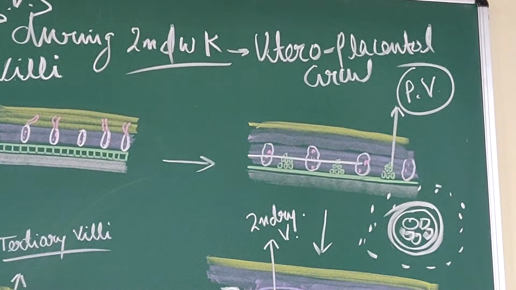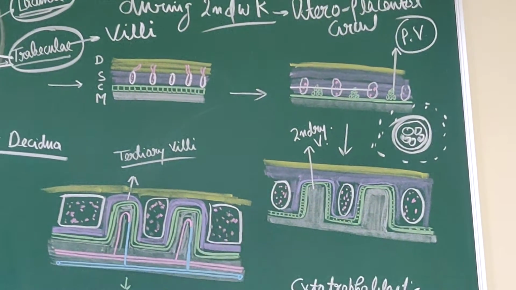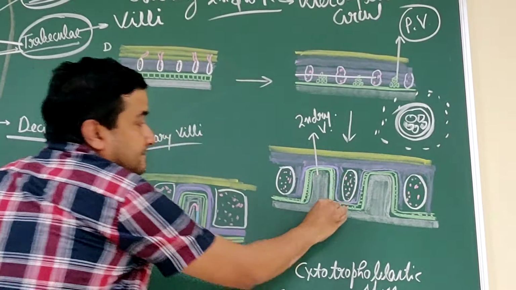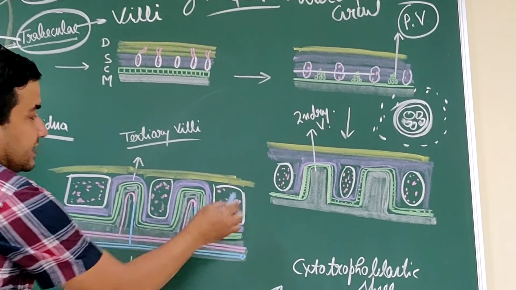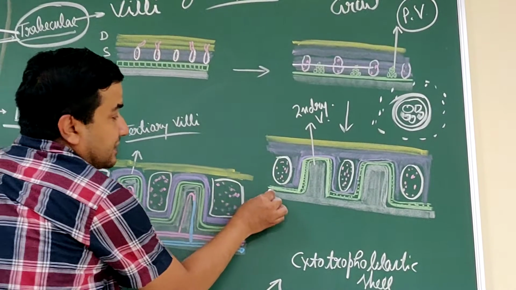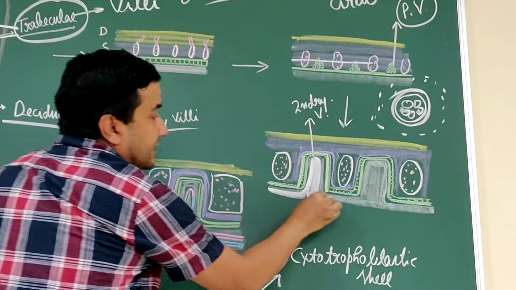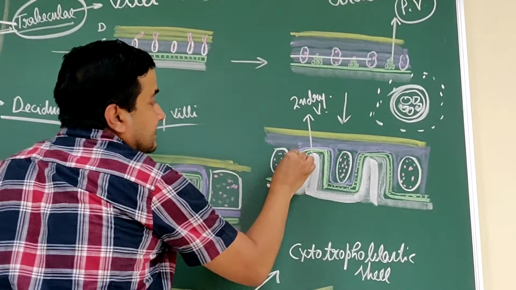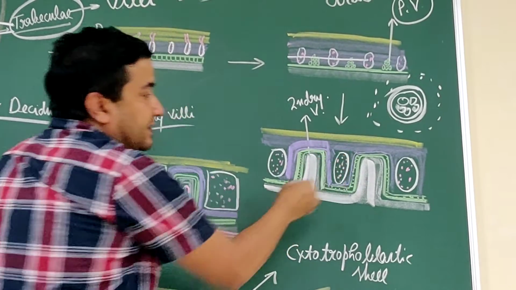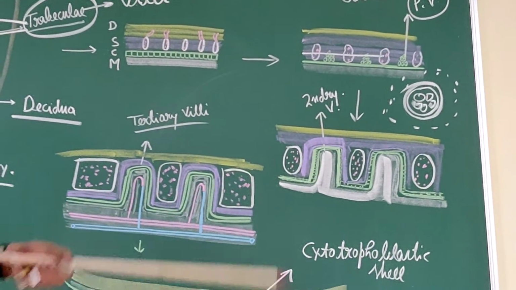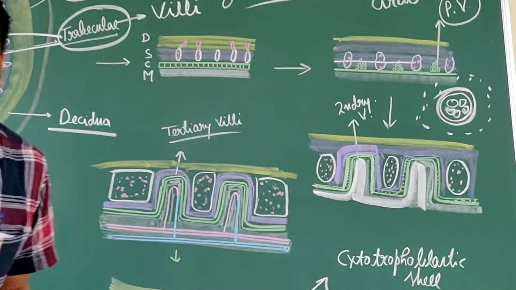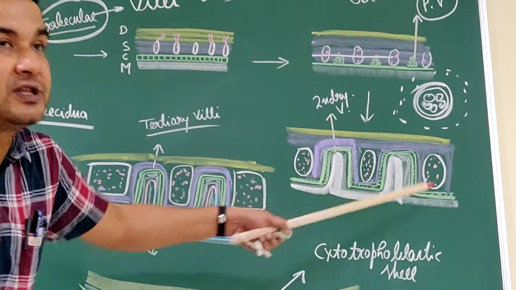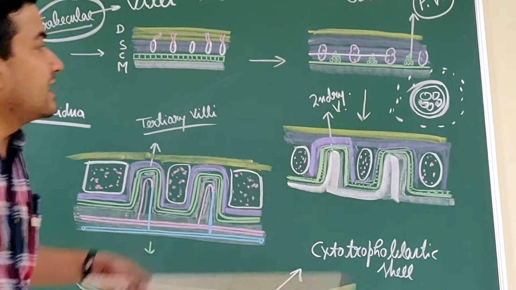Now with further changes, we see this cytotrophoblast layer is invaginated by this extra embryonic mesoderm. Now this enters into this cytotrophoblast, and it is covered outermost by this syncytiotrophoblast. Now it has three layers, and between them is the lacunae space. This lacunae space increases in size and they communicate with each other. So it is the secondary villi.